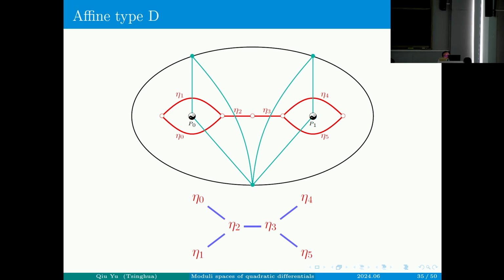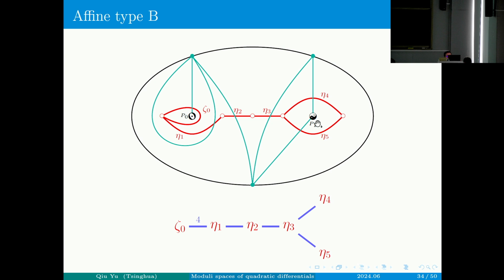So this also justifies why we want to take some of the punctures to become yin-yang, so that we can really produce all the non-exceptional Euclidean Artin braid groups. In particular, for type B, you want to have this one puncture and one yin-yang to match the affine type B configuration.